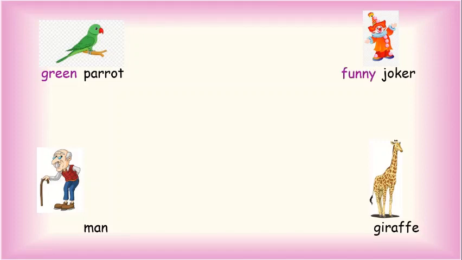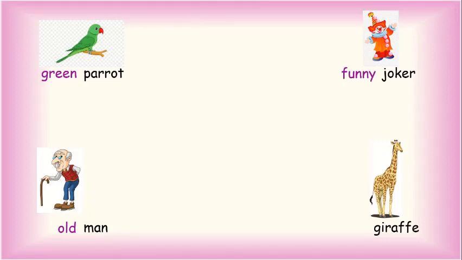Okay, so funny joker. Now we see the picture of a man. When you look at this picture, what do you see? The man looks old. So let's say an old man. Then we have the picture of a giraffe. How can we describe a giraffe?